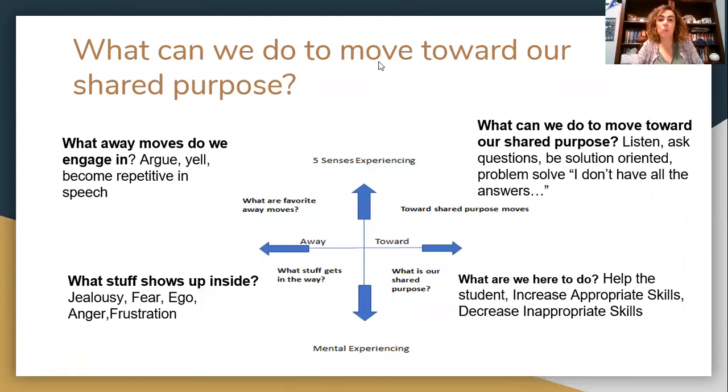Once everybody knows that they're there for the same reason and the same shared purpose, there might be more creative solutions that you just haven't thought about, and allowing yourself to be open to hearing those solutions is huge, right? When you're thinking about, we're here to help the student, that's our shared purpose.